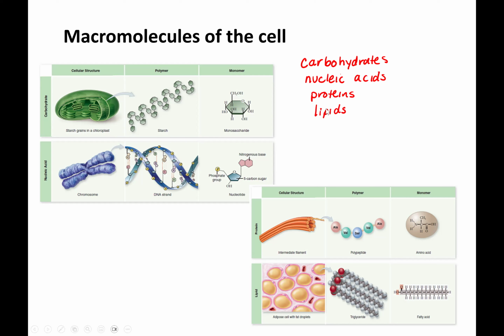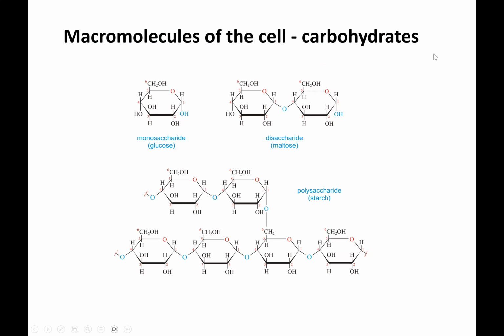So let's start with carbohydrates, also known as sugars, but they're not all sugars. Okay, so hopefully you remember this general structure of carbohydrates. Carbohydrates stand for basically carbon and water. That's the general molecular structure.